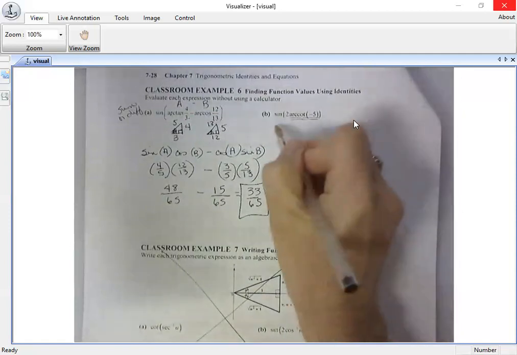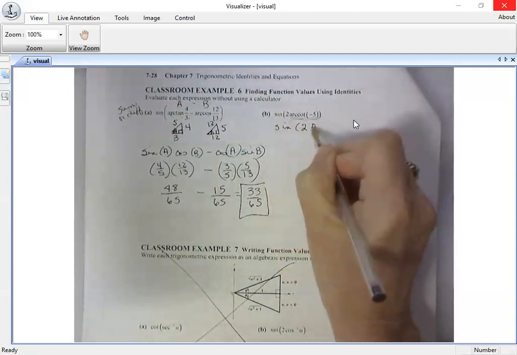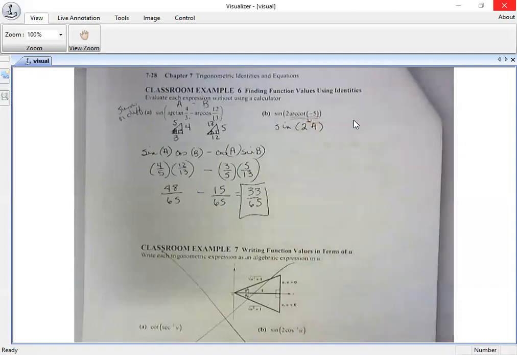Couldn't I think of this as the sine of 2 times maybe A? If the arc cotangent of -5, I know it's an angle, and I'll just call it angle A. Now, if I think of it that way, do I have a replacement for the sine of 2 times an angle?